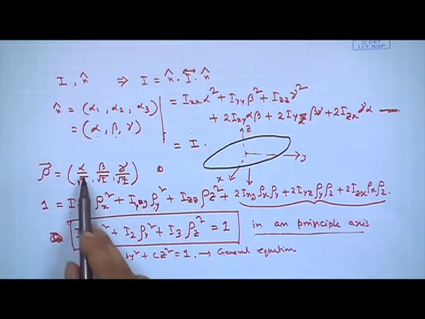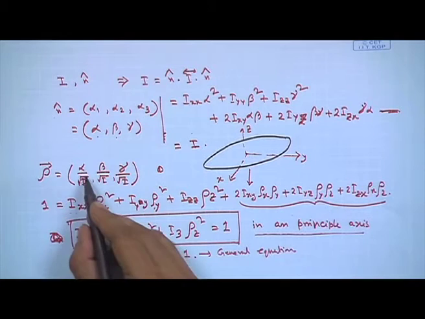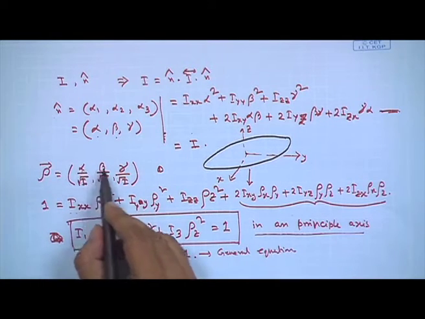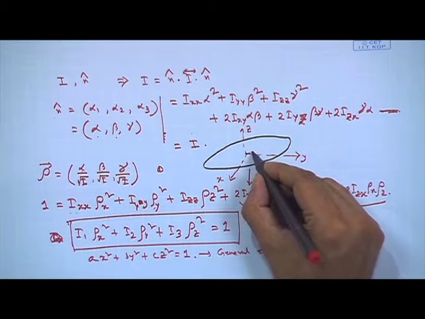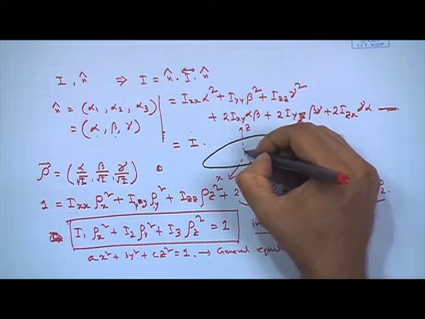So the surface which is tilted in this axis system is represented by this equation. Now when alpha, beta and gamma are the principal set of axes, the axis system takes an orientation. For this particular orientation alpha, beta, gamma, the axis system falls along the symmetric axes of the ellipsoid.